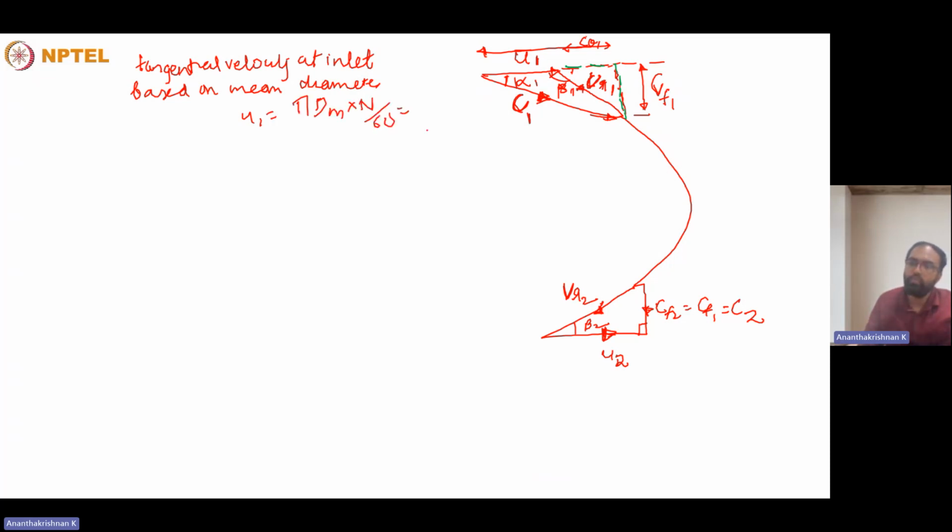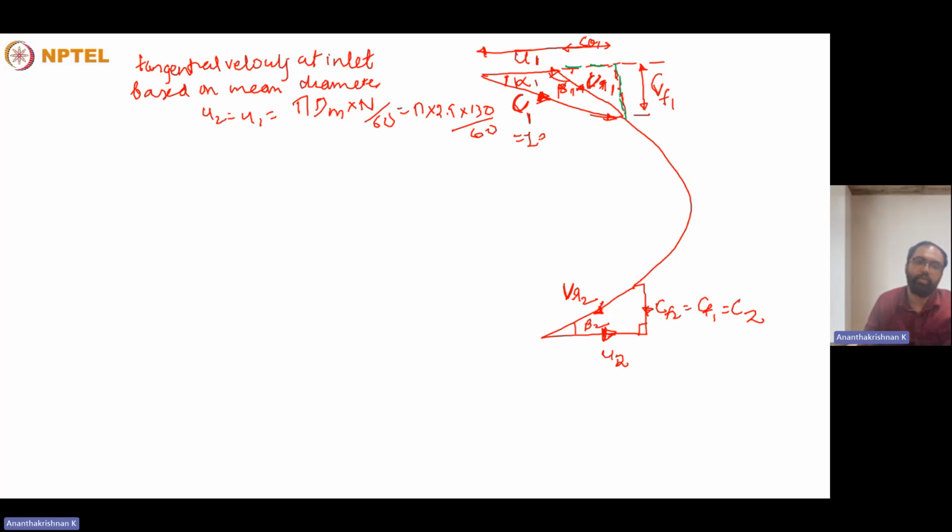So this U1 and U2 will remain the same since we are calculating this at the mean diameter. So U2 is equal to U1 is equal to pi d mean N divided by 60. That is pi into 2.9 into 130 divided by 60. You'll get it around 90.73 meter per second.